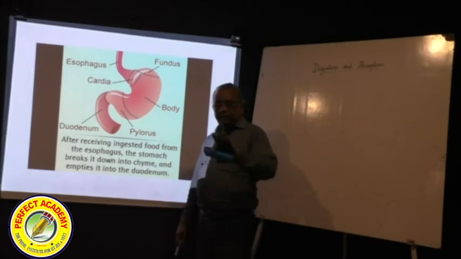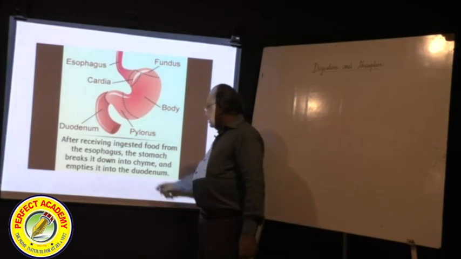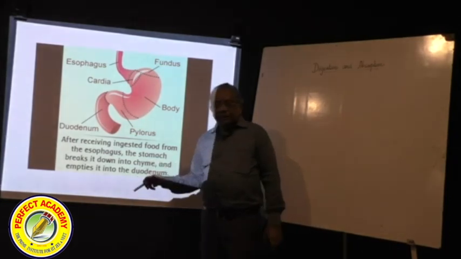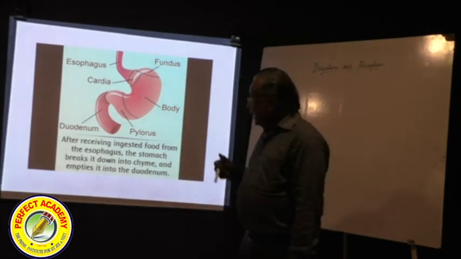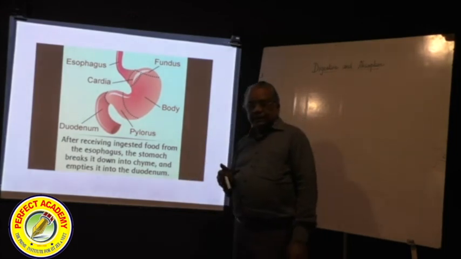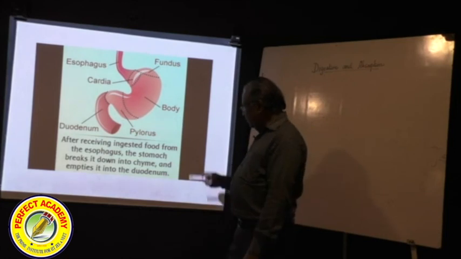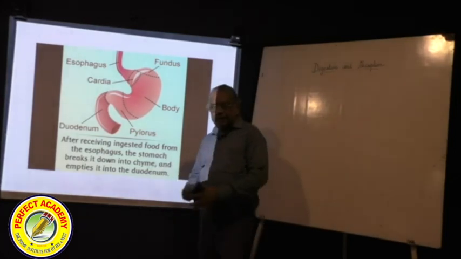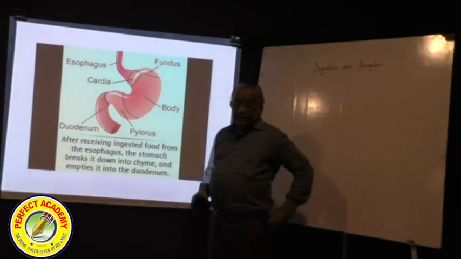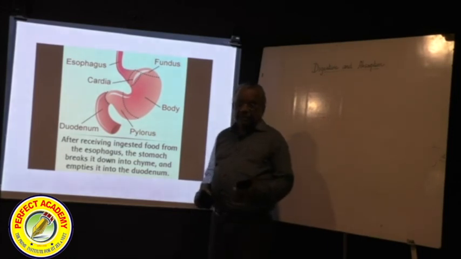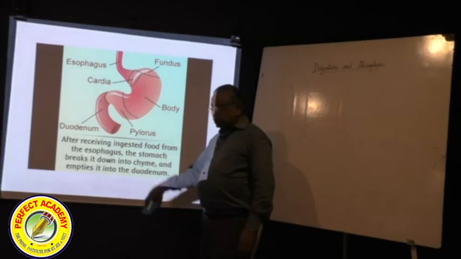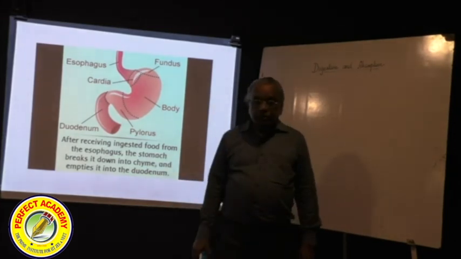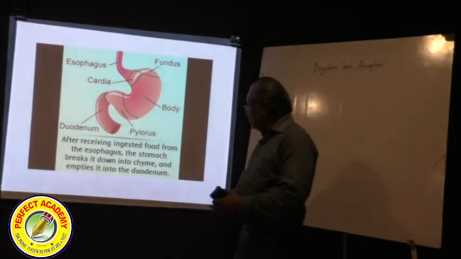So what is the difference between food and chyme? Chyme is food that has been acted upon by acid. So when food undergoes acidic action, the word chyme comes in. From the stomach, the digested food comes out as chyme into the duodenum.